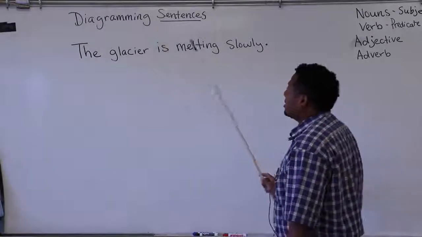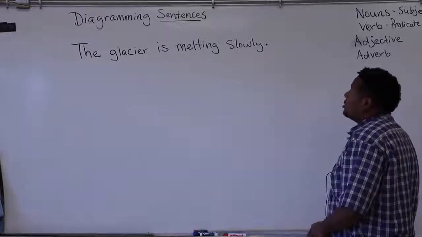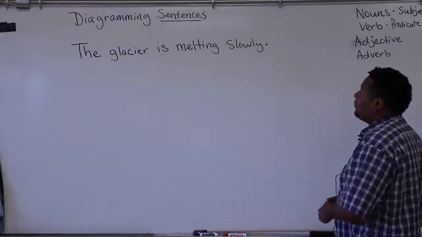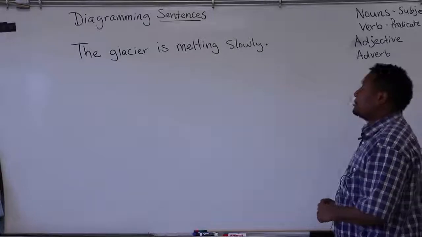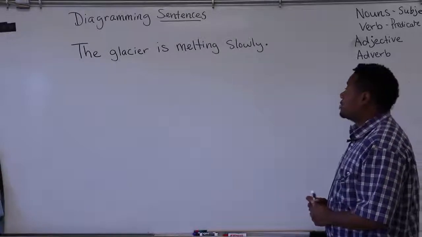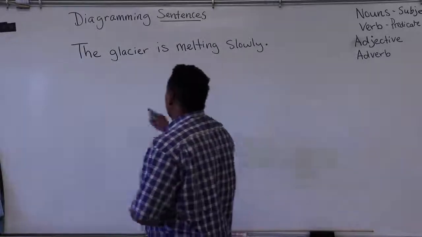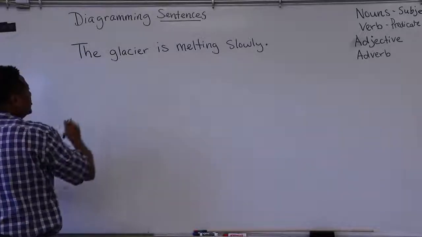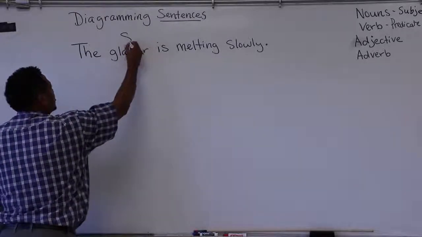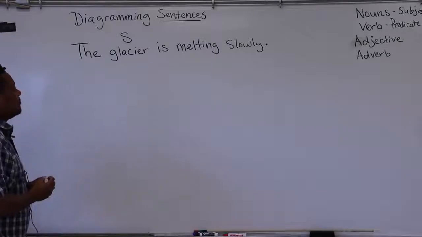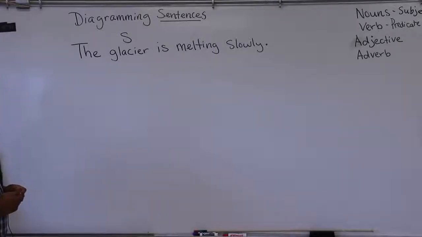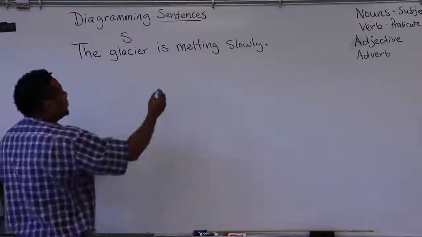In diagramming sentences, to start off, we should find out what is the subject. The subject in this sentence is glacier. Write an S on the top for subject. The verb in this sentence is melting.